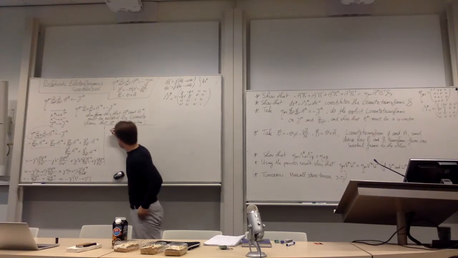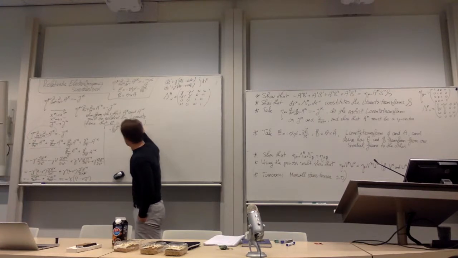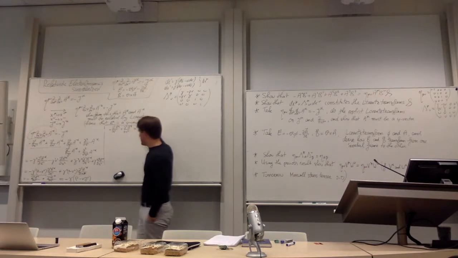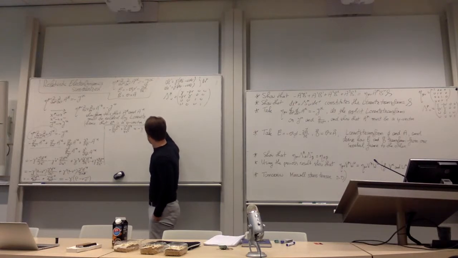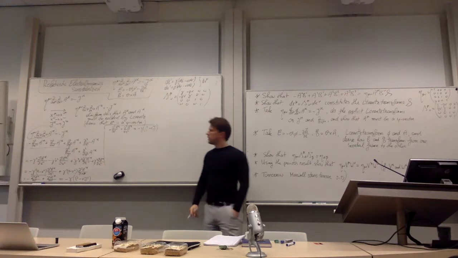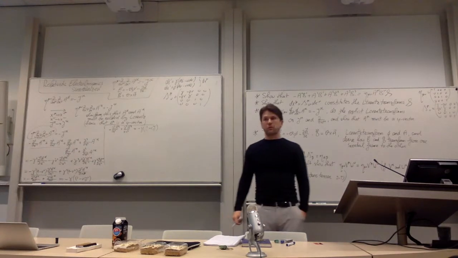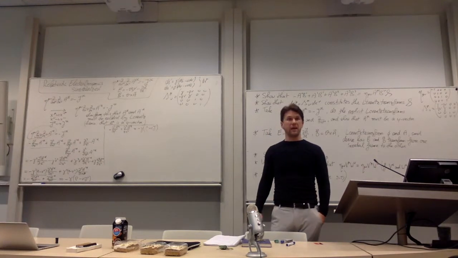Let me write it here, just for convenience and overview. Equals minus gamma rho minus V1. All the primes we have removed by Lorentz transforms, except for the A primes.